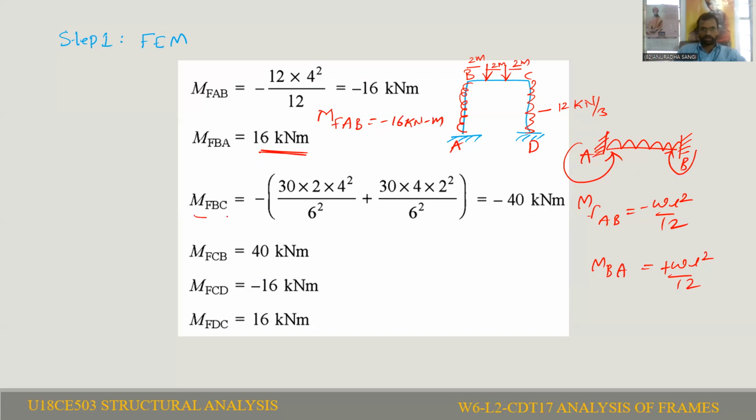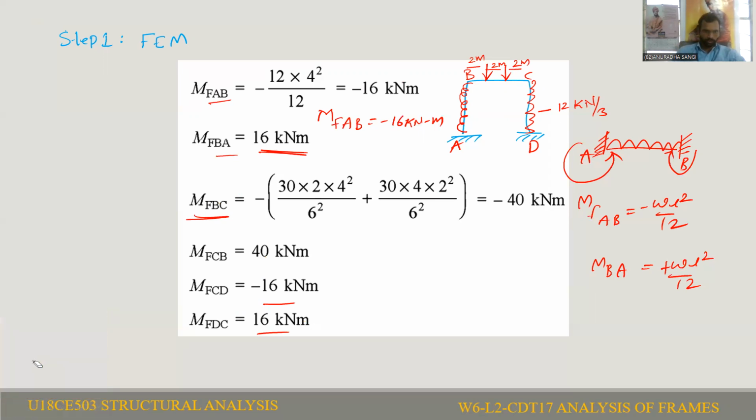Coming to the BC span, we'll see it later. The CD span and DC span are similar to AB and BA, so we use WL square by 12: minus 16, plus 16. The load is also the same, so the magnitude of MFAB, MFBA, MFCD and MFDC is 16, but the only difference is the sign. You need to observe that carefully.